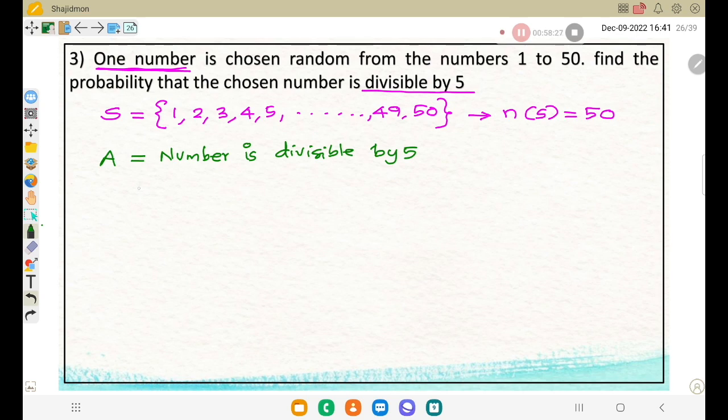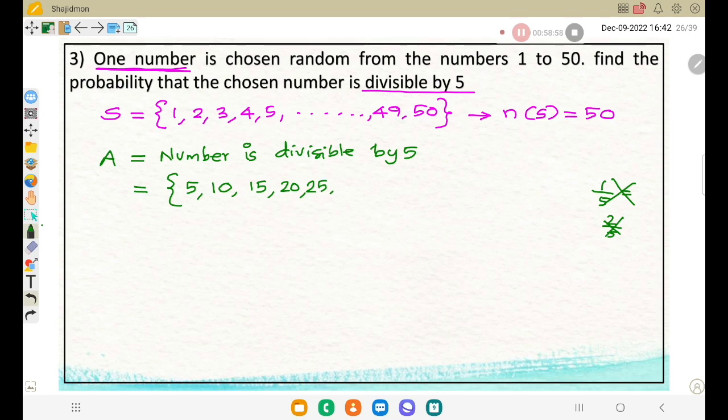What are the numbers divisible by 5 from 1 to 50? Which number can we divide by 5? Can 1 be divided by 5? No. Can 2 be divided by 5? No. 3? No. 4? No. 5 we can divide. Then which will be the next number? Just write the multiples of 5: 5, then 5 plus 5, 10, 10 plus 5, 15, 15 plus 5, 20, correct?